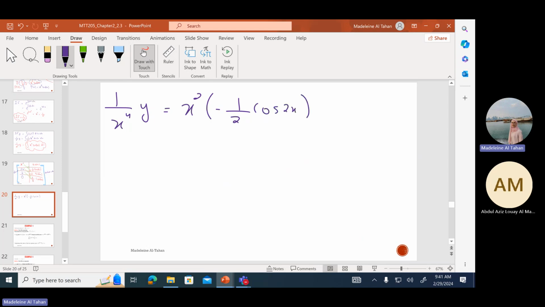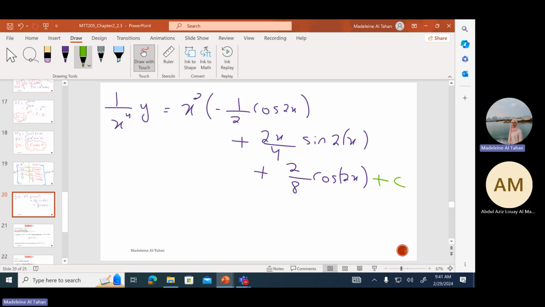Then minus minus becomes plus 2x over 4 sine 2x. Then plus 2 over 8 cosine 2x. And what should we do also? Plus C.